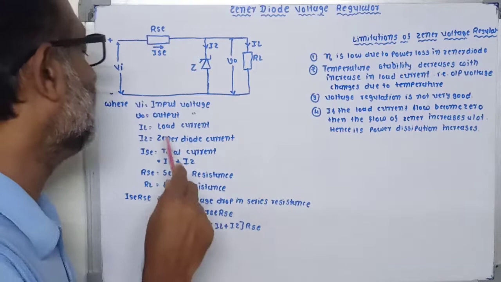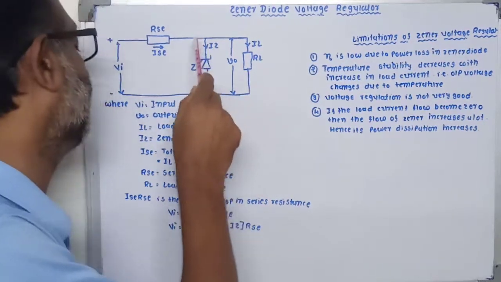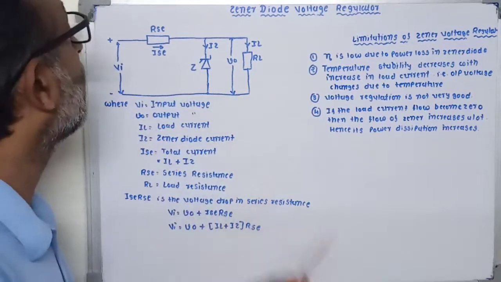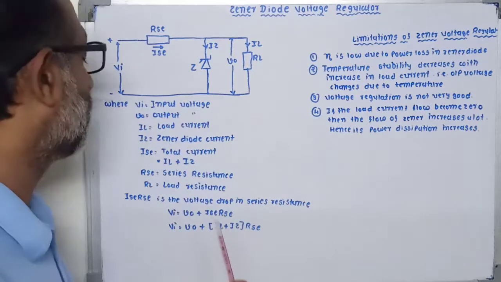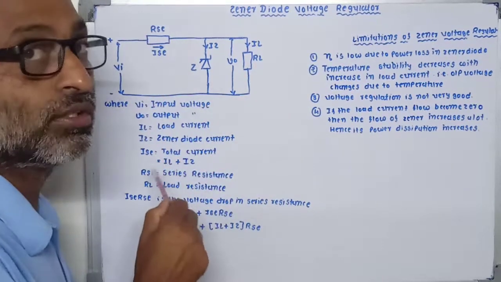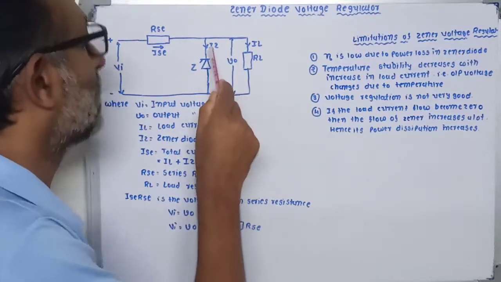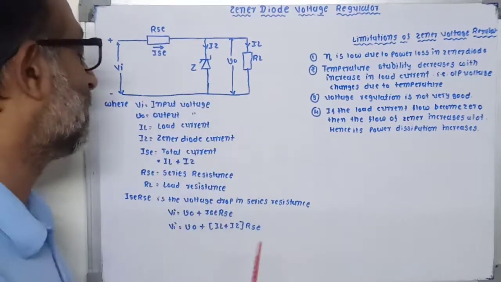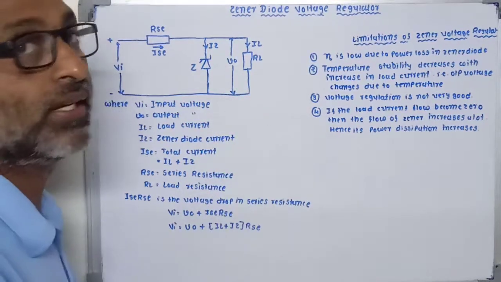IZ is the current passing through this Zener diode. ISC is the current passing through this resistance RSC, or we can also say that it is the total current. So we can write ISC is equal to IL plus IZ. RSC is the series resistance, where RL is the load resistance.